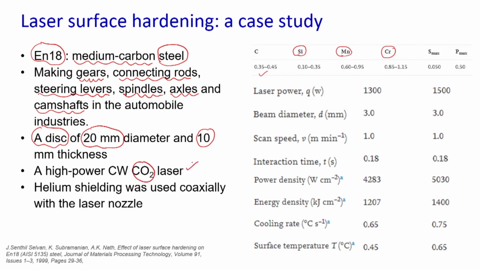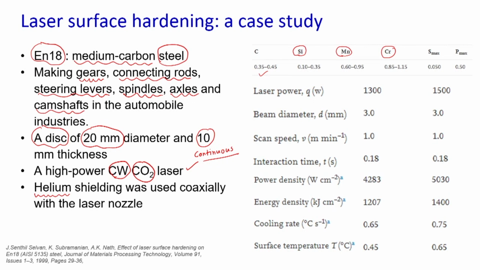Here the CO2 laser is taken. It is in CW mode, it is in continuous mode, it is not in pulse mode. So, it is a continuous laser we will be using for the surface hardening process. As we have seen in our previous class as well, we need to have a shielding gas, an inert gas, during our operation.